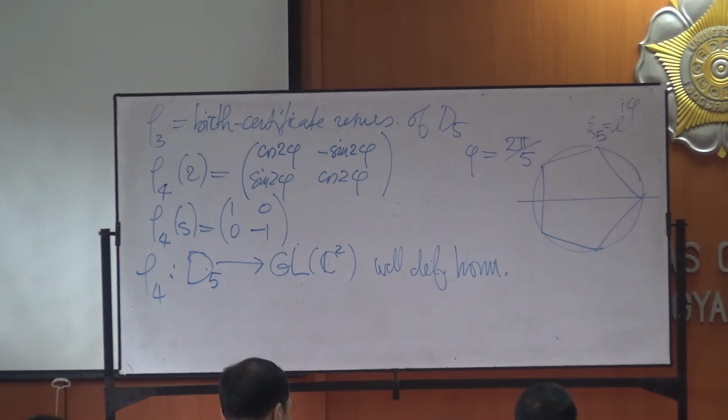The trace of the identity is 2. The representations rho 3 and rho 4 are two-dimensional. So here we get 2 times cos of 2 phi, and here we get 2 times cos of 4 phi, and again, for the reflection, the trace is always 0.